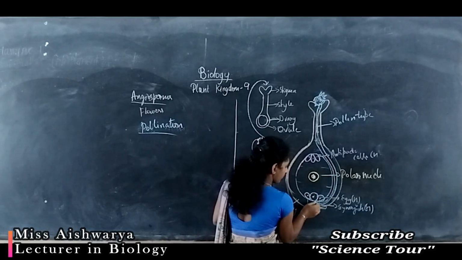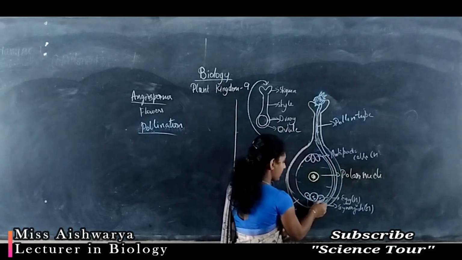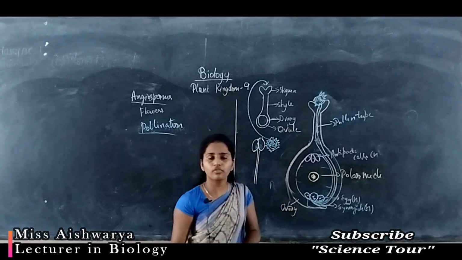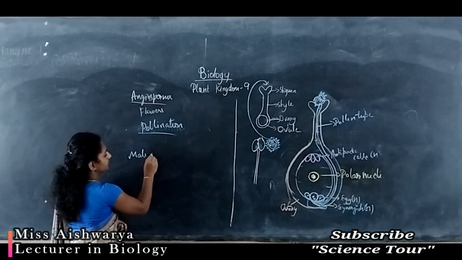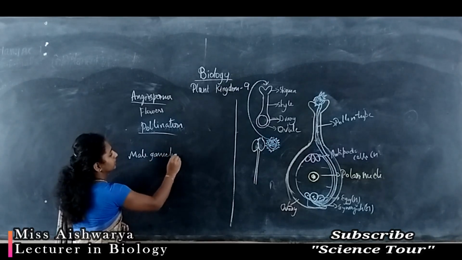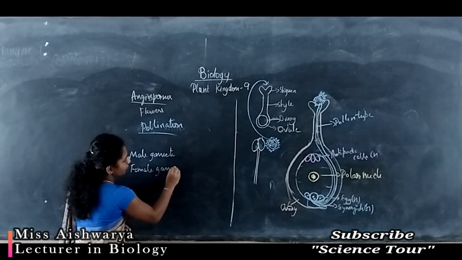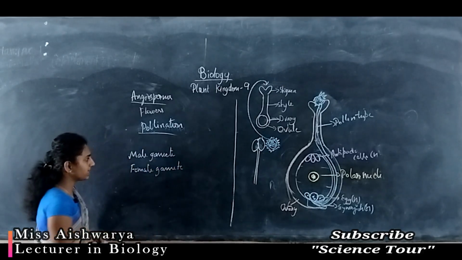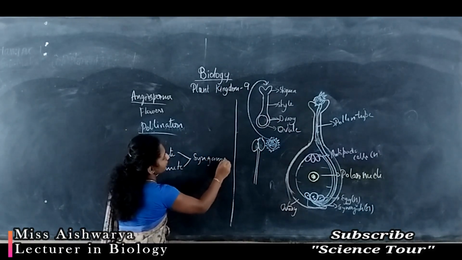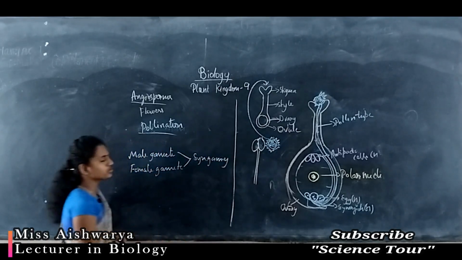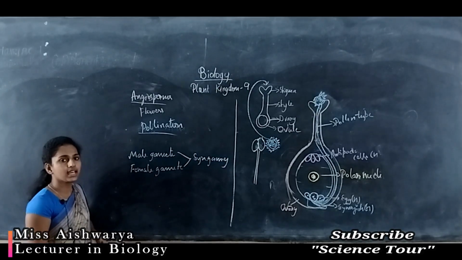Okay, and it fuses with the egg cell and forms a zygote. The fusion of the male gamete with female gamete, the process of fusion of male gamete with female gamete, this fusion we'll call it as syngamy.